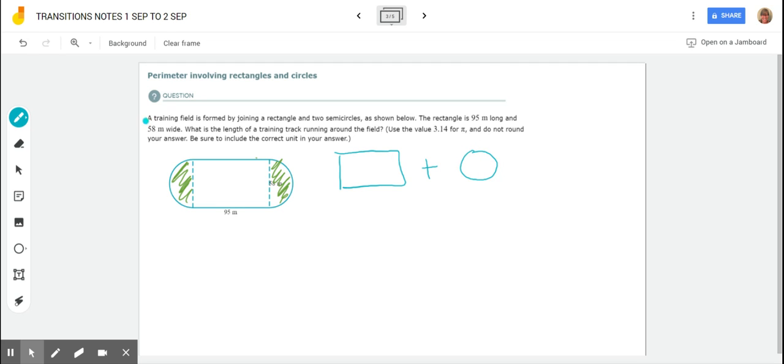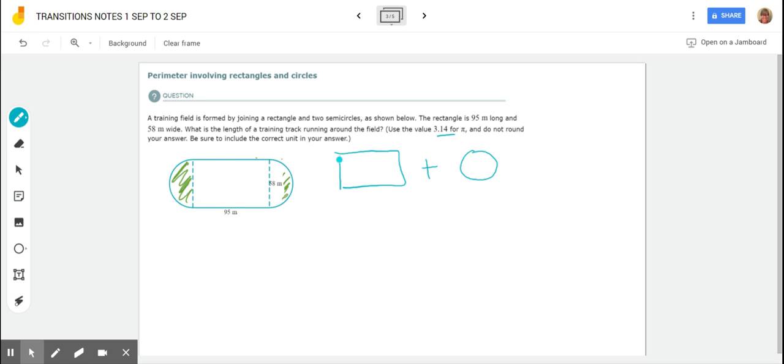A training field is formed by joining a rectangle and 2 semicircles as shown below. The rectangle is 95 meters long and 58 meters wide. What is the length of the training track running around the field? That means the whole thing. Use the value 3.14 for pi and do not round your answer.